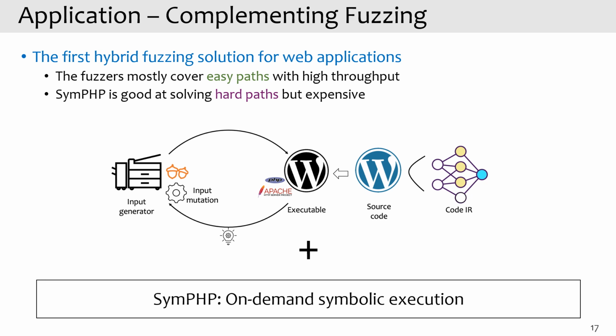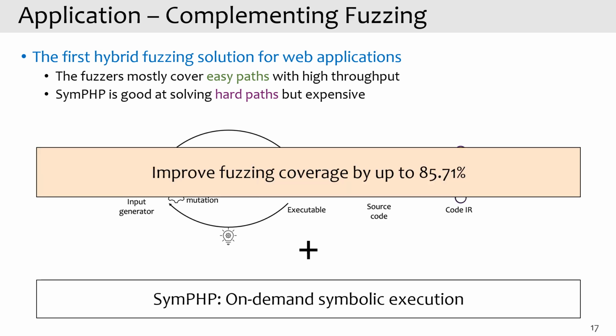At the same time, when the fuzzer gets stuck at some hard paths, we leverage SymPHP to solve them. This results in on-demand concolic execution, or hybrid fuzzing. In the results, we show that SymPHP could improve the fuzzing coverage by up to 85%.